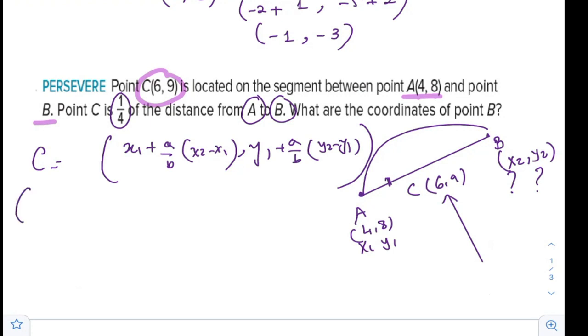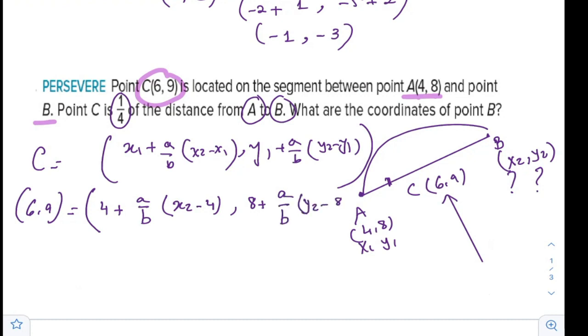Let's replace C, (6, 9), equal to x1, which is 4, plus A over B, I don't know, times (x2 minus x1), so x2 minus 4. y1 is 8, plus A over B times (y2 minus y1), which is y2 minus 8. Now, this x coordinate is equal to that one.